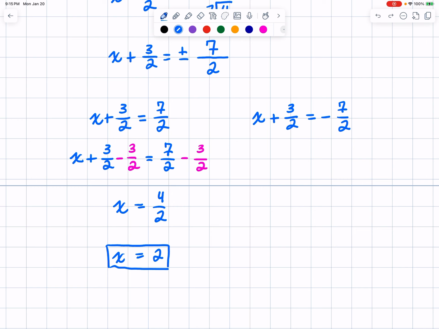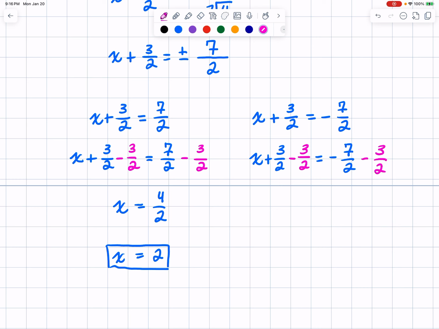So I'm going to have x plus 3 over 2 minus 3 over 2 equals negative 7 over 2 minus 3 over 2.